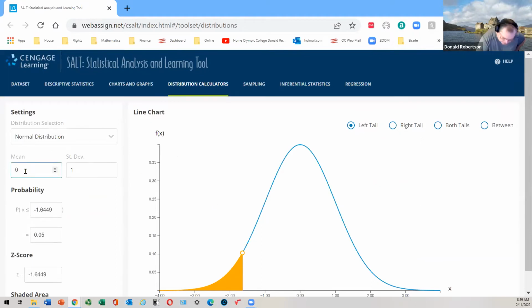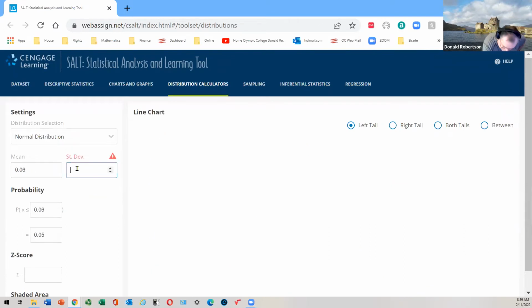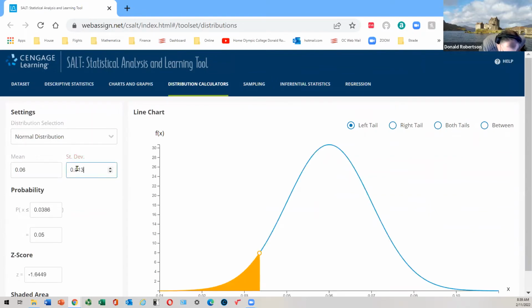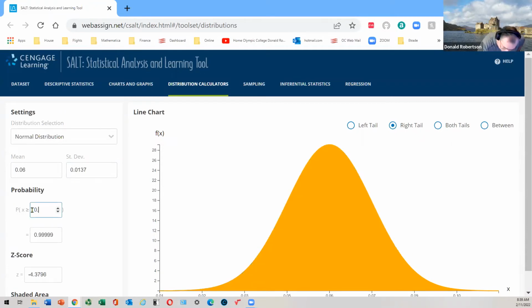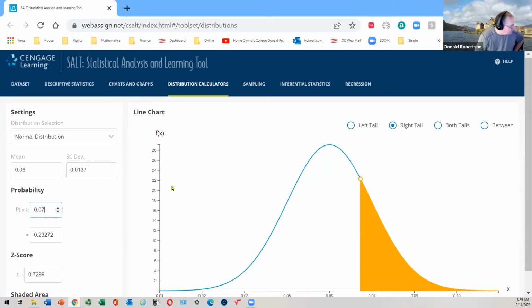The mean is 0.06. The standard deviation is 0.0137. And we want to do bigger than, over here, bigger than 0.07. And the answer is here.